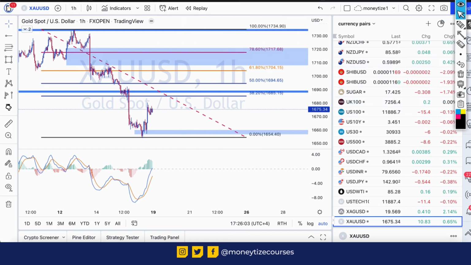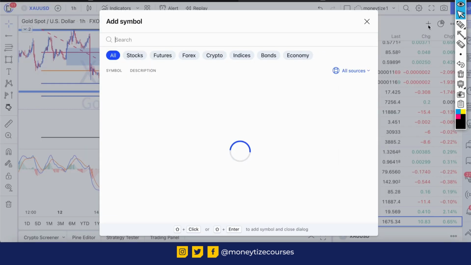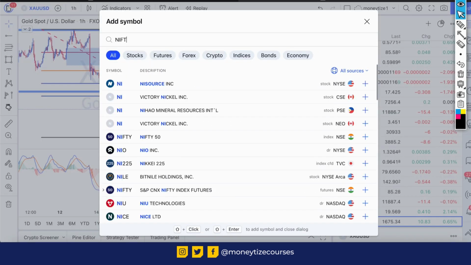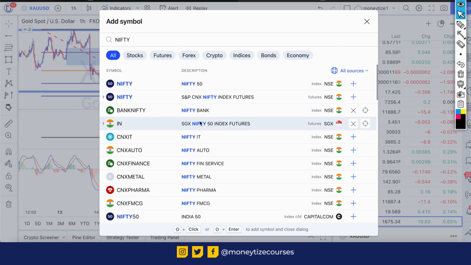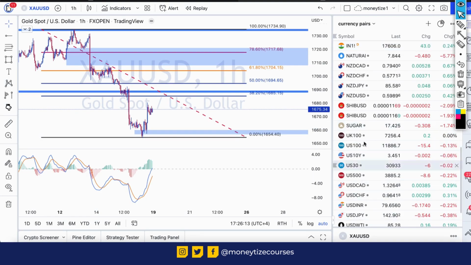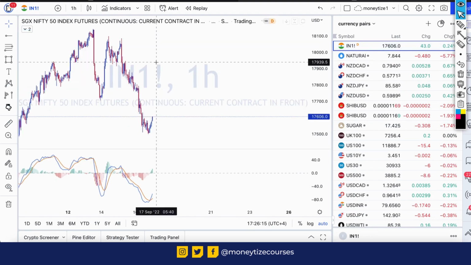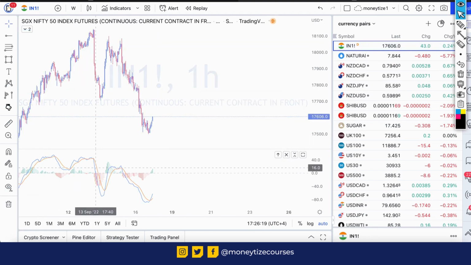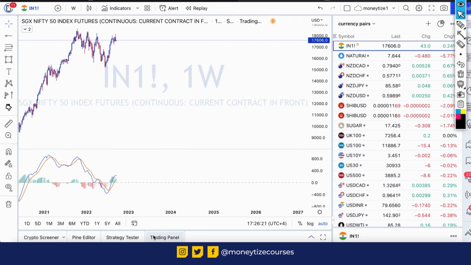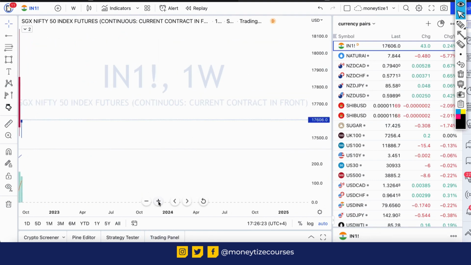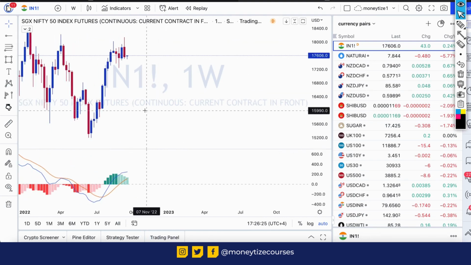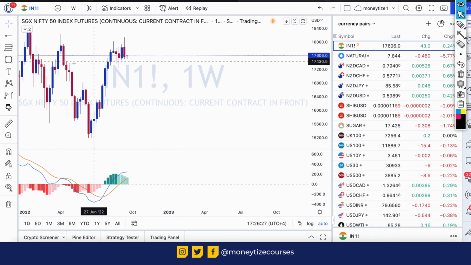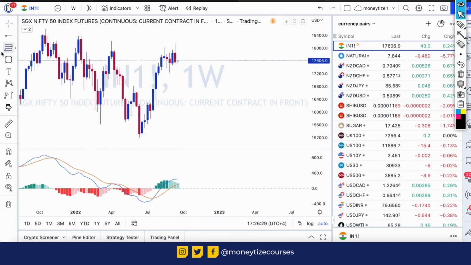Okay, now the next instrument we are going to take is NIFTY, SGX NIFTY. NIFTY is in a sideways consolidation.